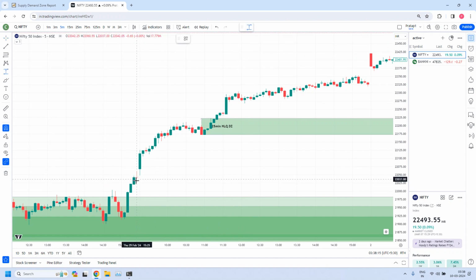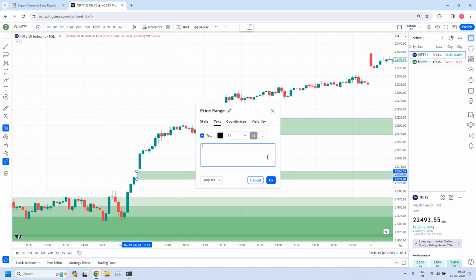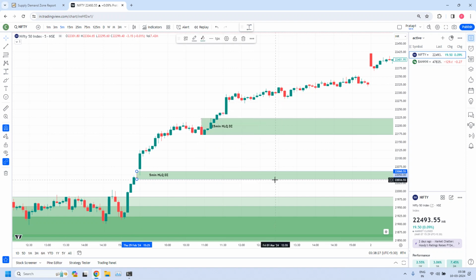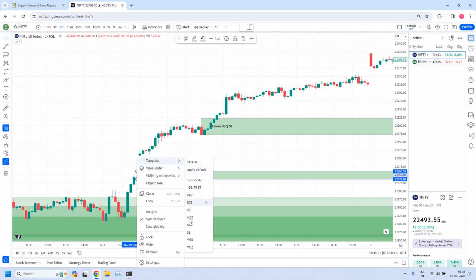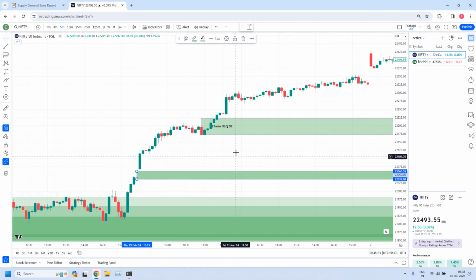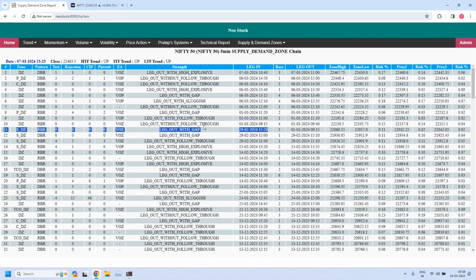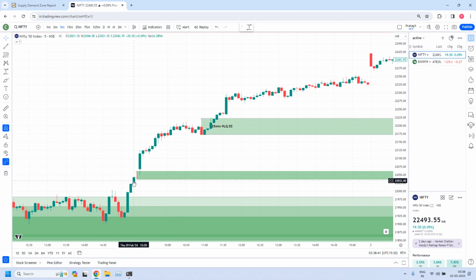So this is the one. It is saying high liquidity, 5 minutes high liquidity demand zone. Let us check once again. 29th February at 15:20 is the leg-in.